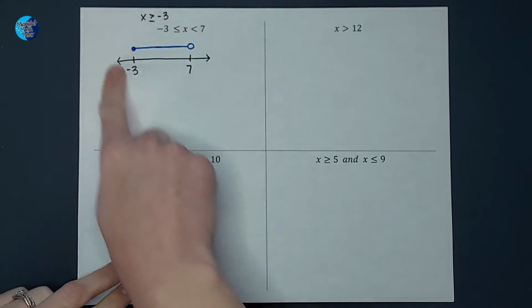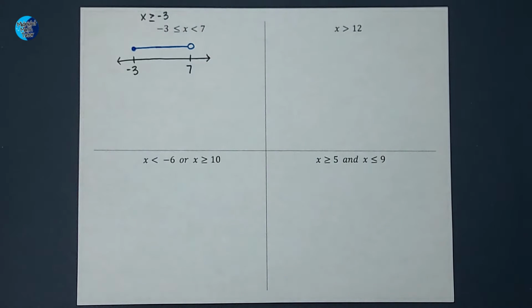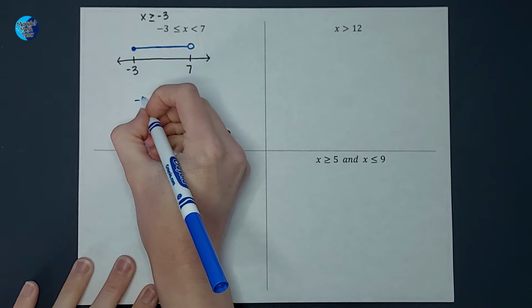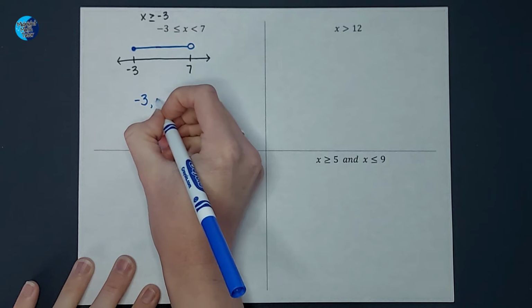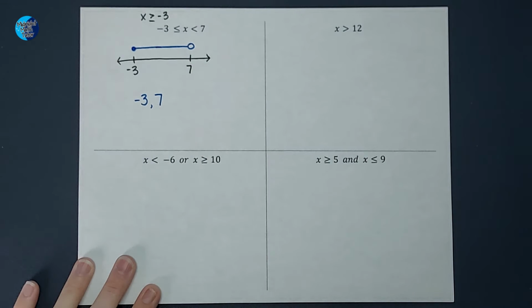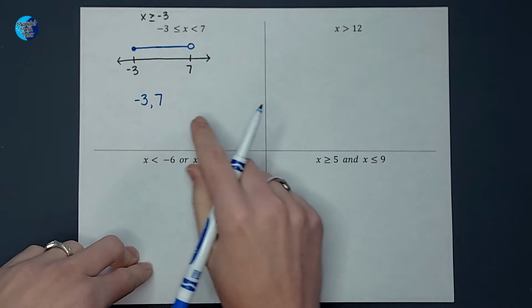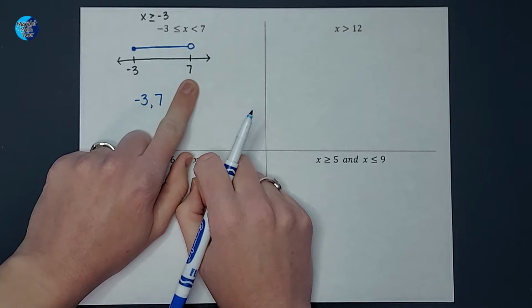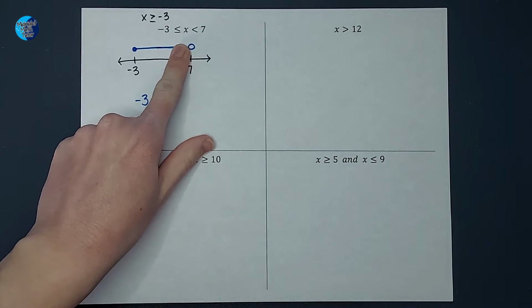Now, this can help me understand how to write it in interval notation. So when we're writing in interval notation, we're giving a range of what x can be. So x can go from -3 to 7. But I need some way to show that x can be -3, but it can't be 7, according to my signs here.